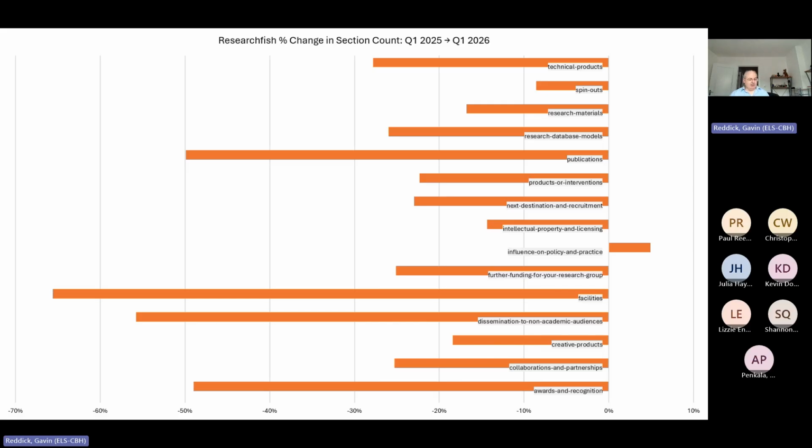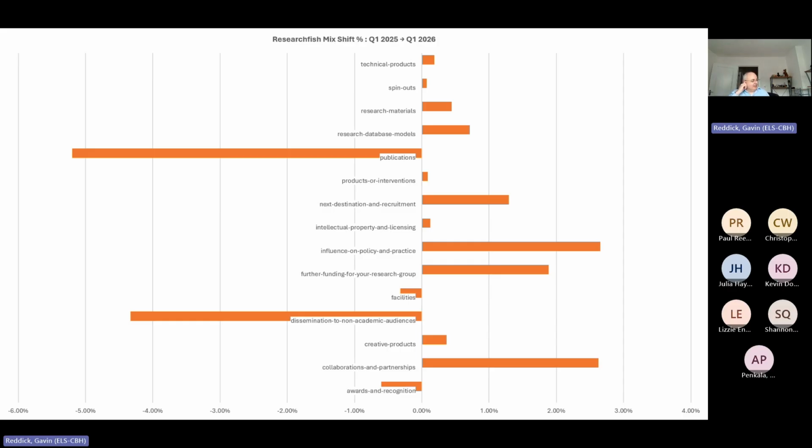So this is one of the pieces that we think helps to point in the direction of ops being successful, although there is still more analysis that needs to be done. And you can see this here in terms of the shift in the mix of the output types. And so again, those sections, obviously publications, saw the biggest drop in percentage terms in terms of the mix of outputs in Q1 25 to 26.